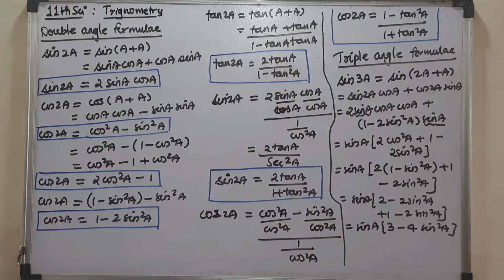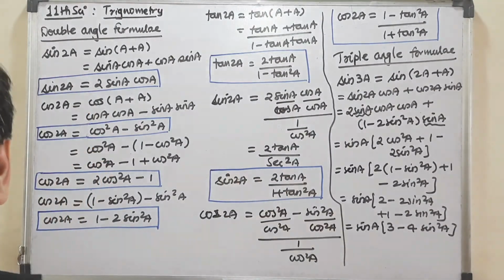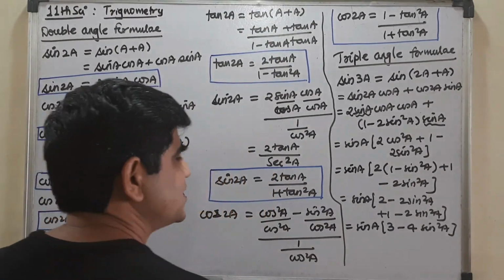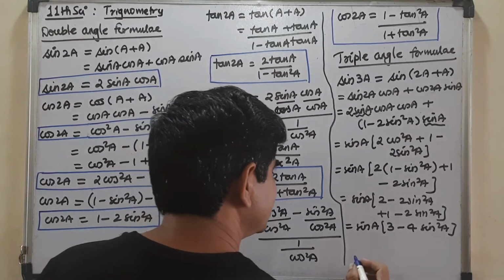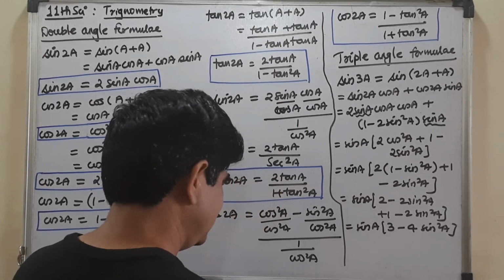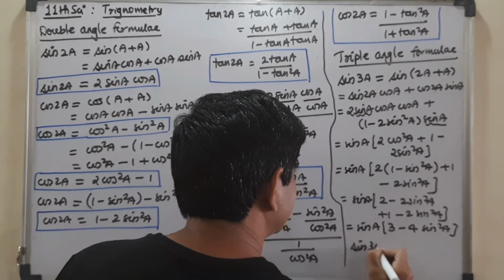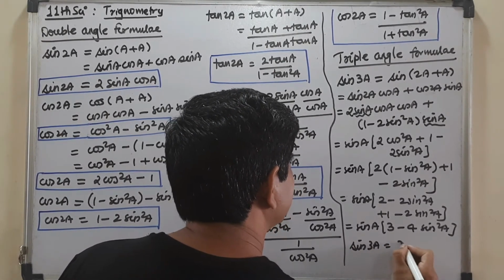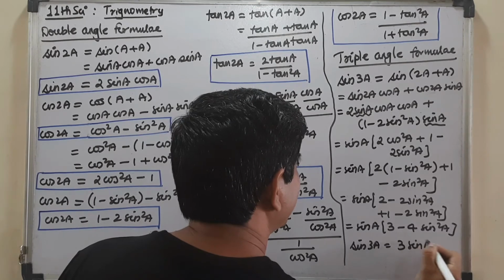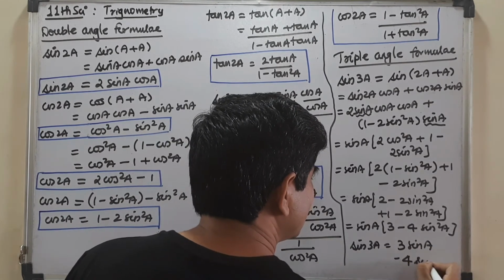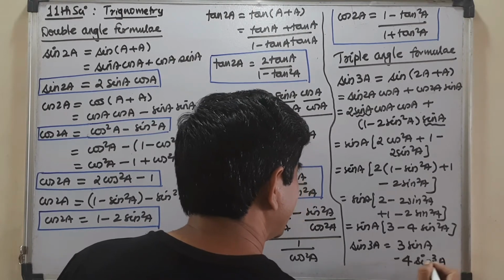When I multiply the sin a inside, I get sin 3a is 3 sin a minus 4 sin cube a.